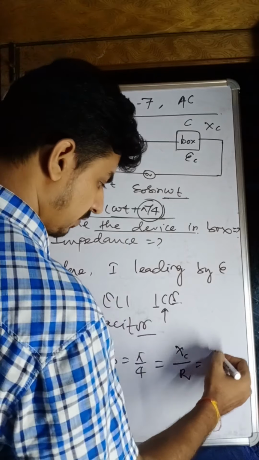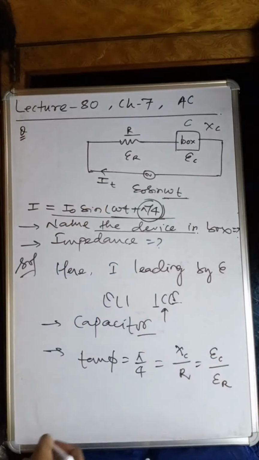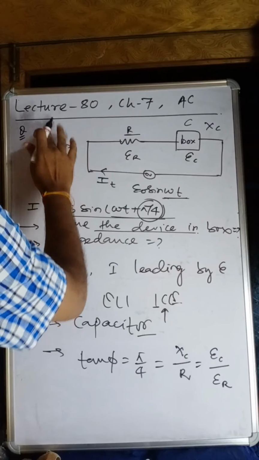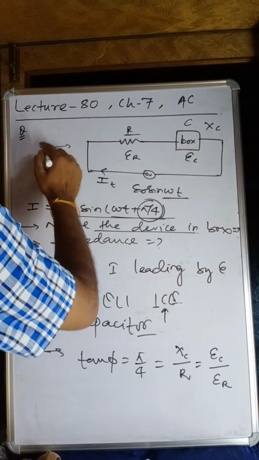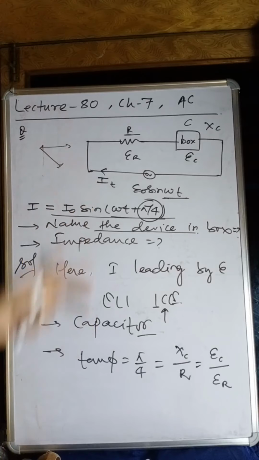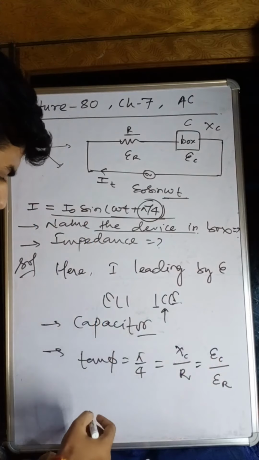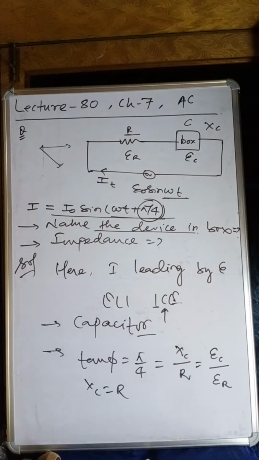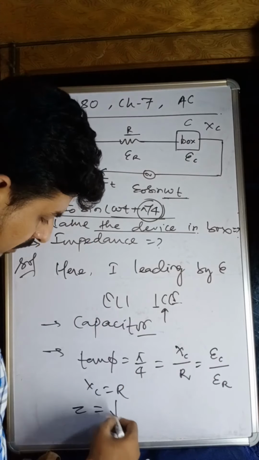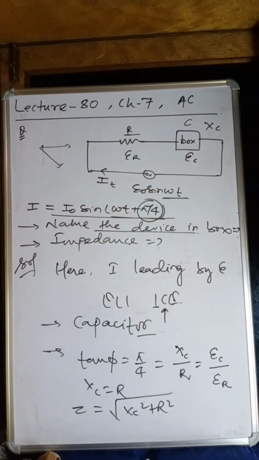How? It is the voltage across the capacitor divided by the voltage across the resistor. If you draw the voltage and current in this way, with the angle pi by 4, we break the components and finally get this value. My dear students, in this way, XC equals R. Now the impedance Z can be written as the root of XC square plus R square.